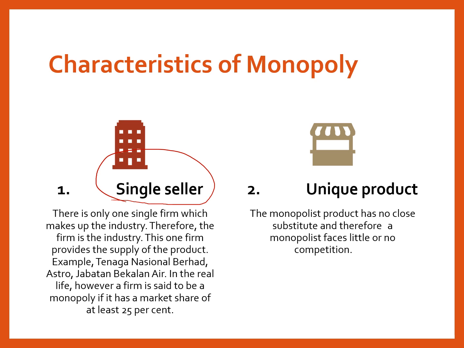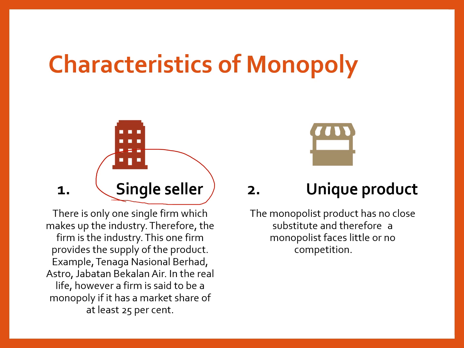So for monopoly, it is a single seller. Monopoly exists when there is only one seller of a product, and the difference between a firm and industry does not exist since there is only one seller. Sebab tu dikatakan di sini, the firm itself is the market.